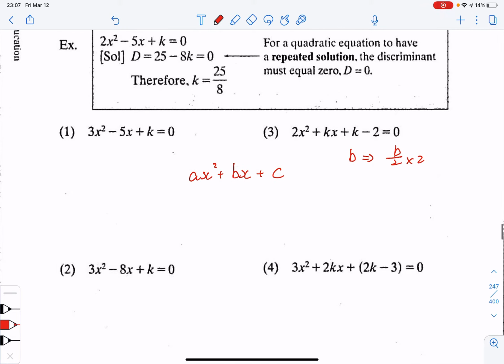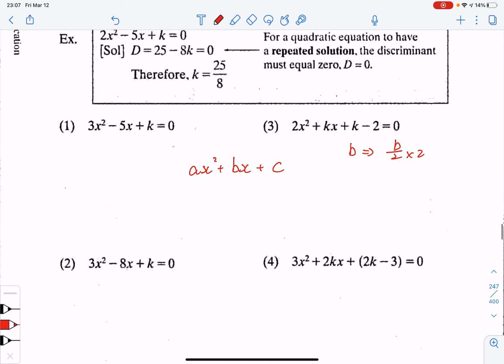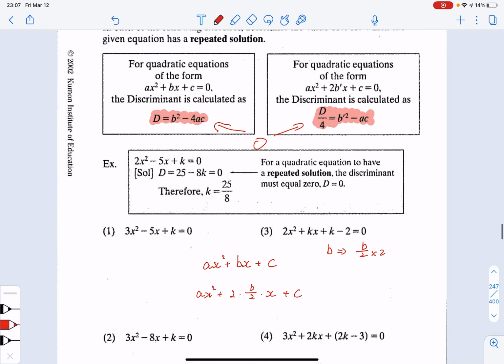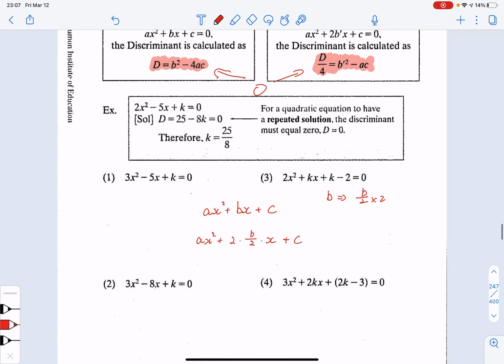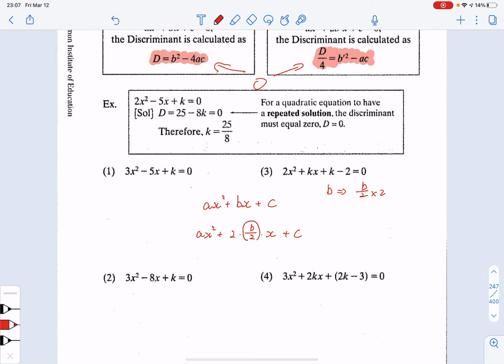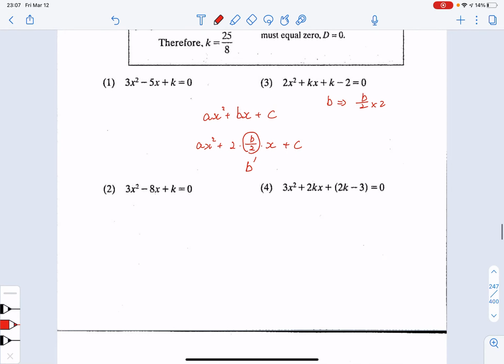So the original function becomes ax squared plus 2 times b over 2 times x plus c. In this case, we can call this b over 2 b prime. And then we will have a function that looks like this: ax squared plus 2b prime x plus c.